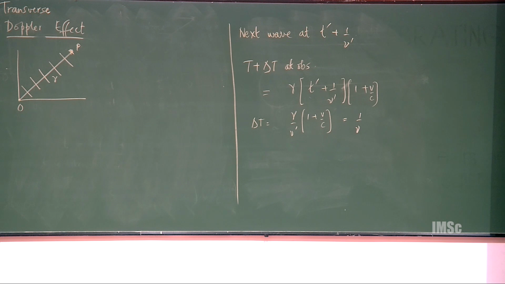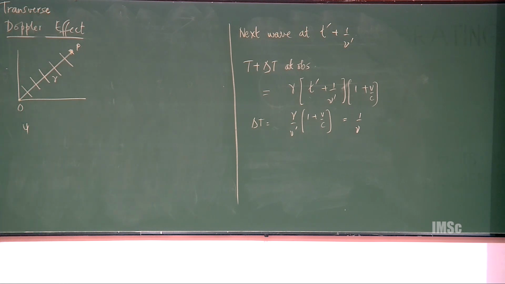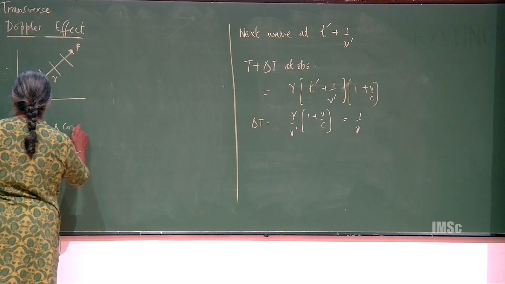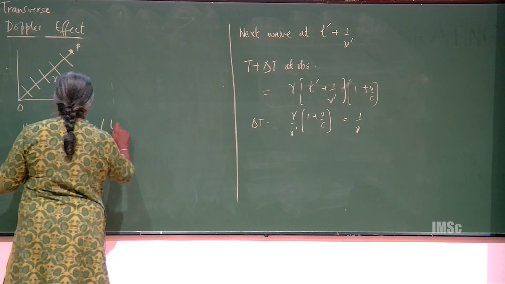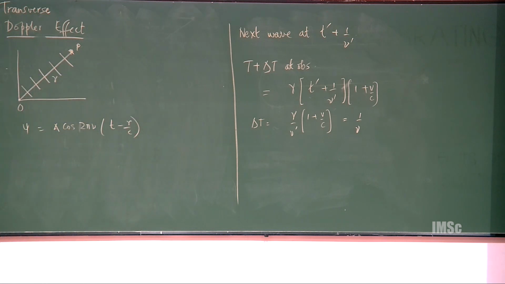So if you can write the wave function for the light, you can think of it as a spherical wave. You can write it as a cos 2 pi nu, and this is obvious, t minus r by c. This distance is r.